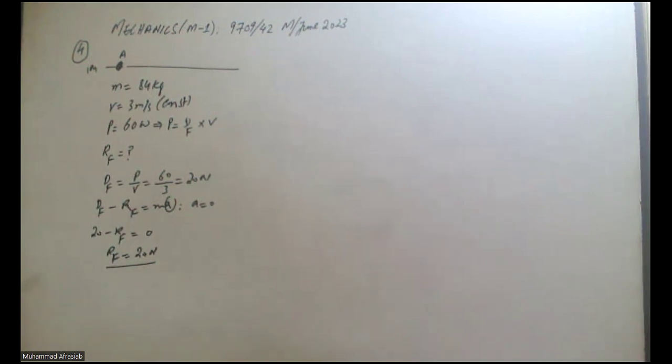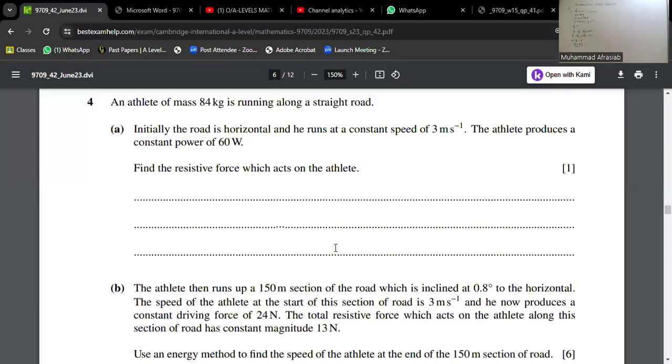Then for the next part, the athlete is going to run up a section of 150 meters on that road, which is inclined at 0.8 degrees to the horizontal.